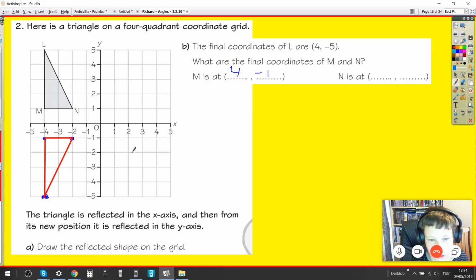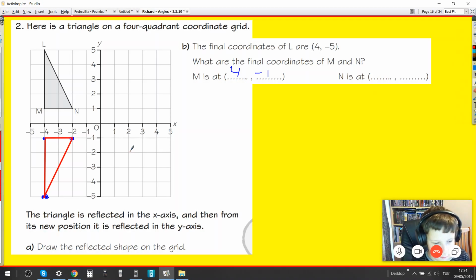Okay, so N would be... Well, we know that M would be at 4 minus 1. So it's best if we were to draw that in now. And then N would be at 2 minus 1.